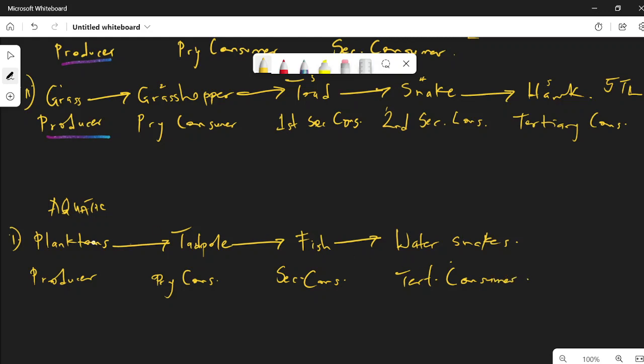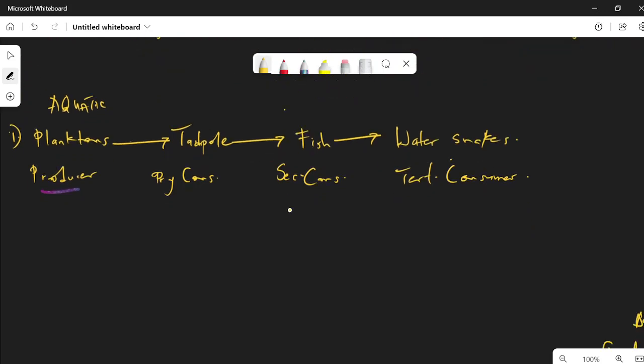Because we have just 4 trophic levels, so we can easily say we have producer, primary, secondary, and tertiary consumers. Are we together? This is our producer. So that is that about a food chain. We refer to it as a linear feeding relationship. You can see that all the reactions are on a straight line. Do you understand that?